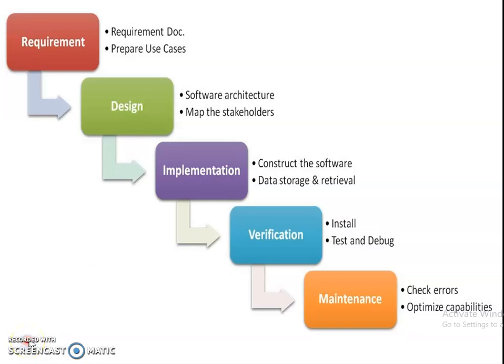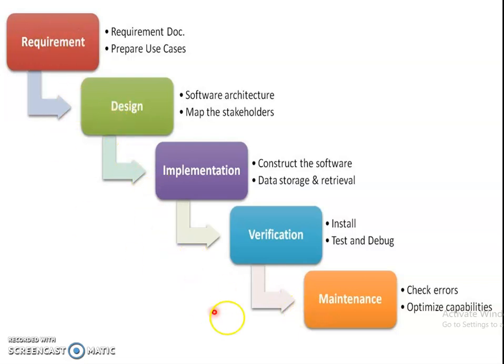The following are the different phases of the waterfall model. First is requirements, second is design, third is implementation, fourth is verification, and fifth is maintenance. Now we will discuss the sequential phases one by one.